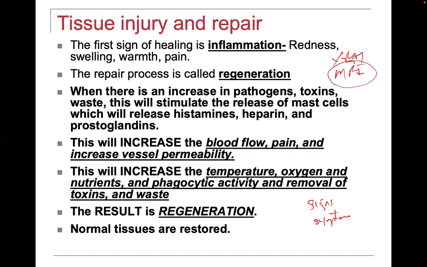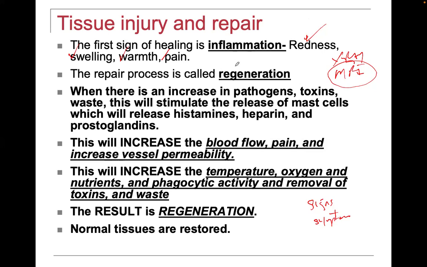Okay. So now when someone does hurt a body part, the first sign of healing is inflammation. That's the first sign. And it shows up with redness and swelling and warmth and pain. They all kind of happen at the same time. All of them. That's the first sign of healing: redness, swelling, warmth, and pain.